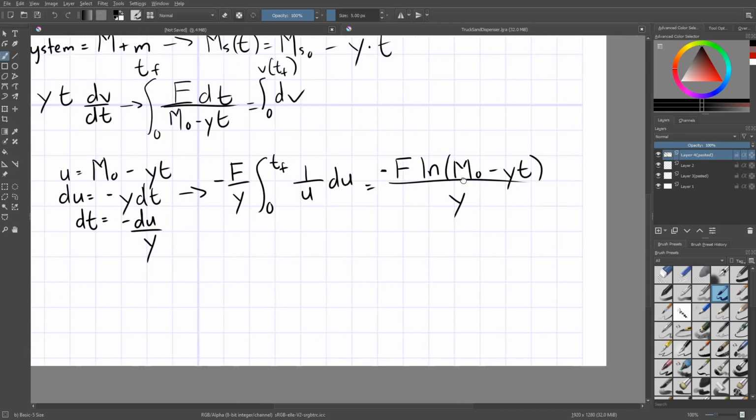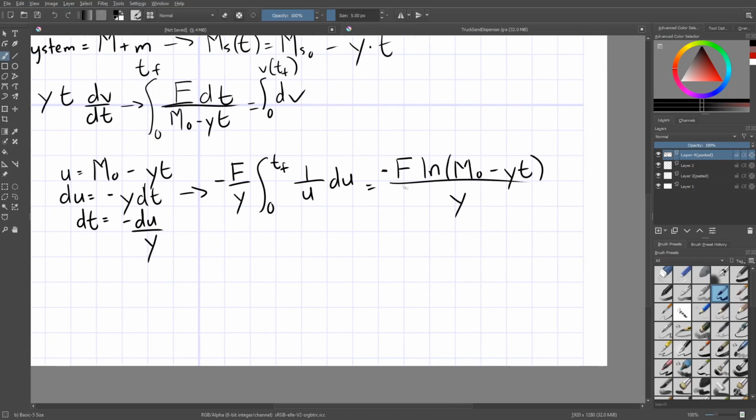I swear the hardest thing with these is making a straight fraction bar line. I practically should just be using the line tool for this and it would look nicer. Anyways, we're going from 0 to t final.